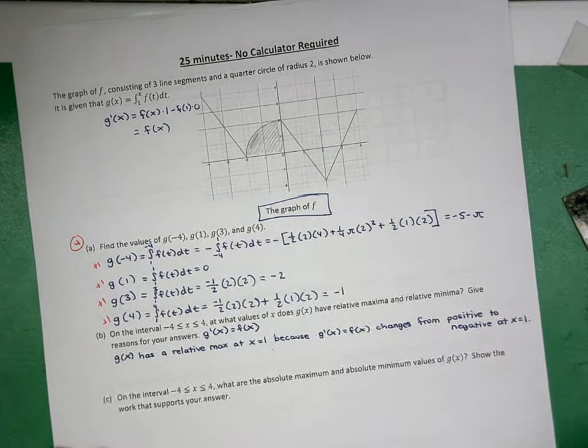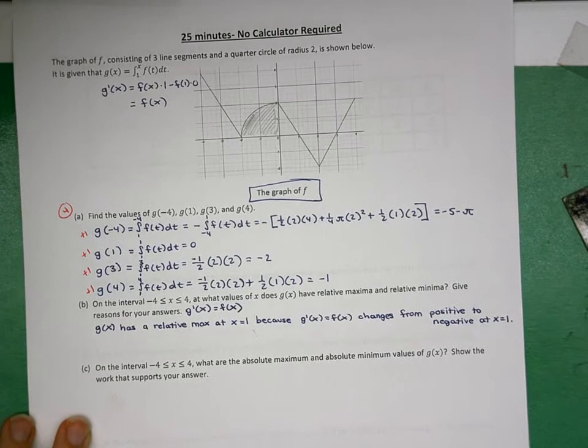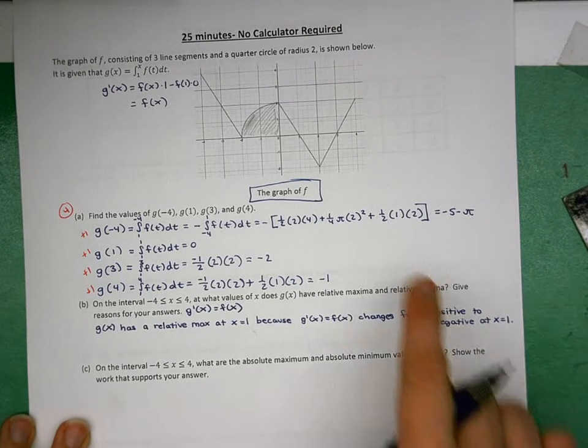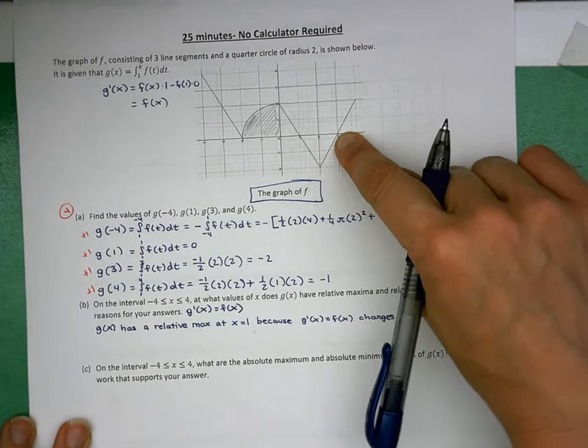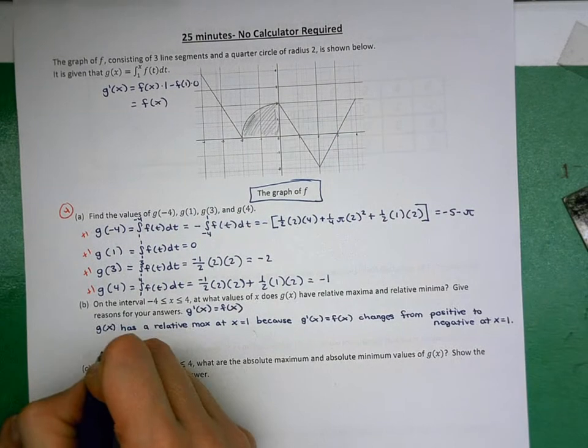Okay. And then what about relative minimum? Okay, well, relative minimum occurs when that first derivative changes from negative to positive, which is here at x equals 3.